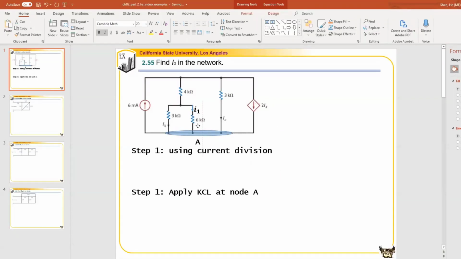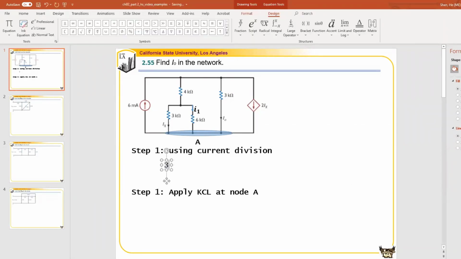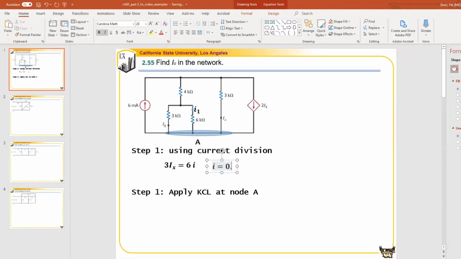By using the current division relationship, or Ohm's law, the voltage between these two nodes will be the same, and that is equal to 3 times Ix. So 3 times Ix is equal to the voltage drop between this node and that node, because it's the same node pair. That is 6 times I1. So from there we can find I1 is equal to 0.5 Ix.